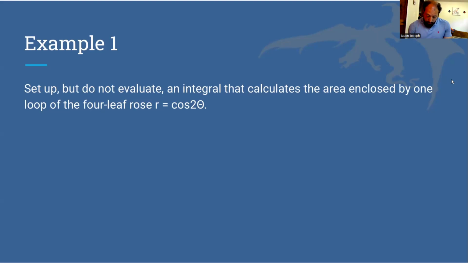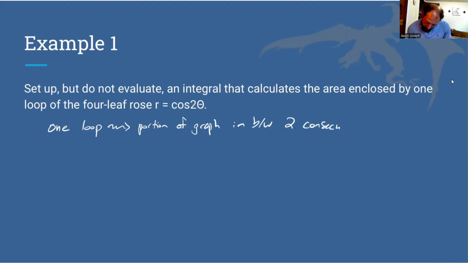So one loop here is going to correspond to the portion of the graph in between two consecutive zeros of cosine of 2 theta. Remember, when r is 0, that means we've come back to the origin, and so in between two consecutive zeros, that's going to be one full loop of this rose shape.